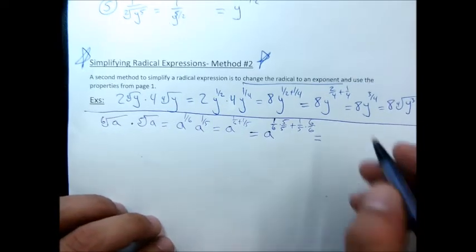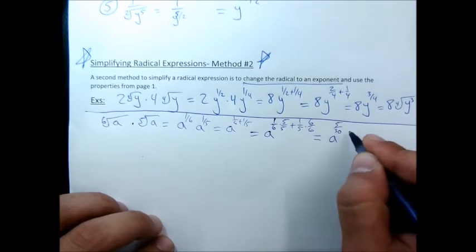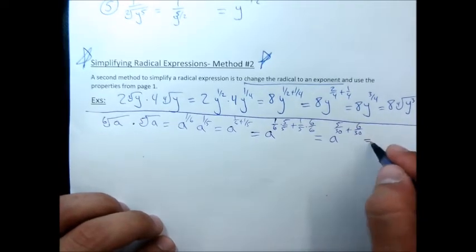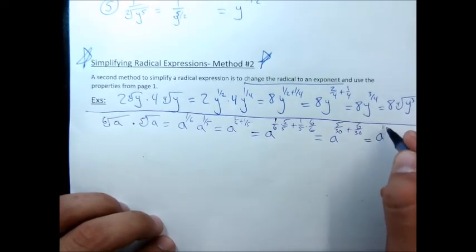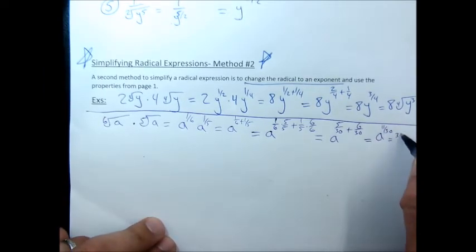And we'd end up with the following. So we'll get a to the 5/30 plus 6/30, which is a to the 11/30. Or we could say the 30th root of a to the 11th.